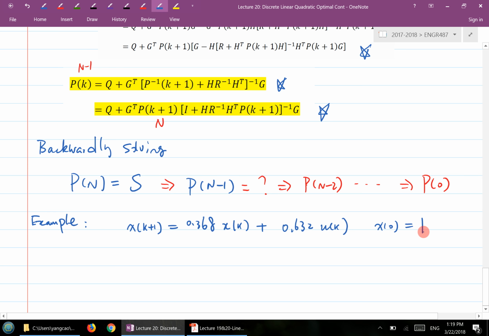Alright, so here is our system, with initial value x of 0 equal to 1.